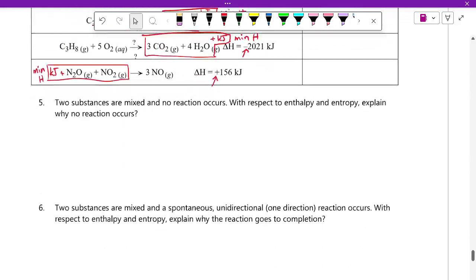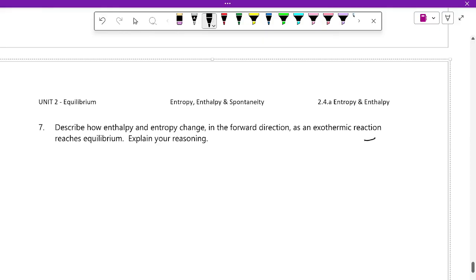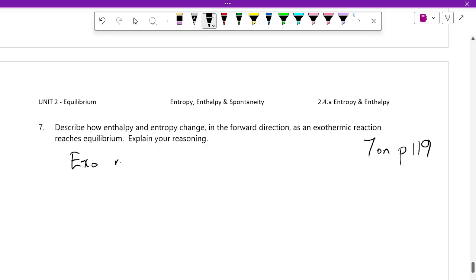No. Yeah. So this is number 7 on page 119.